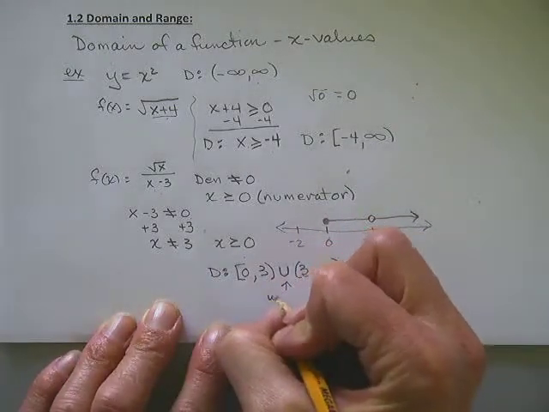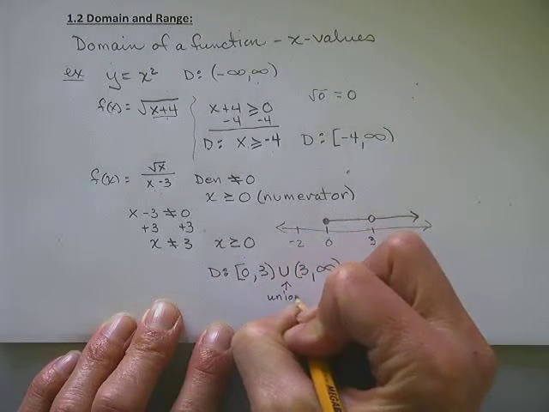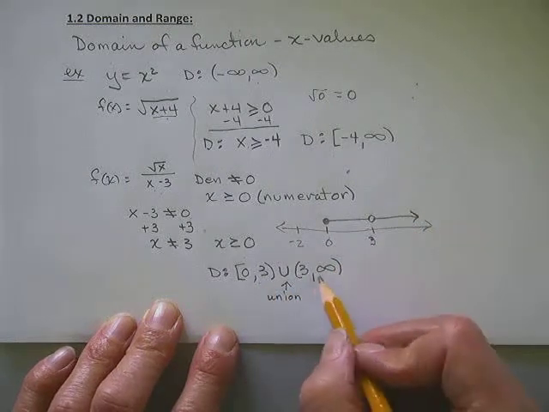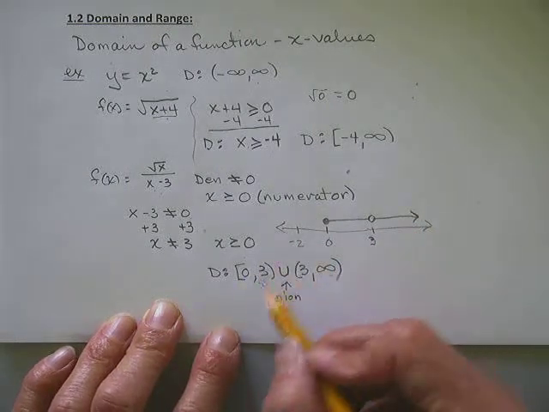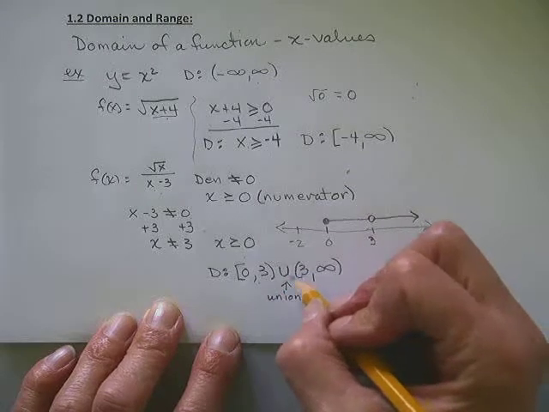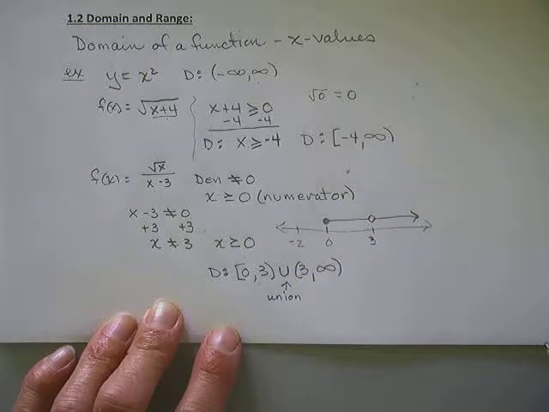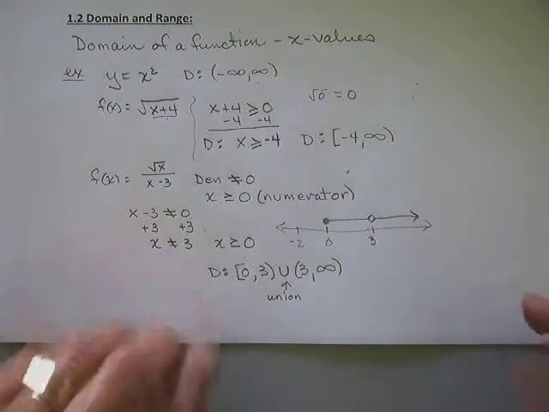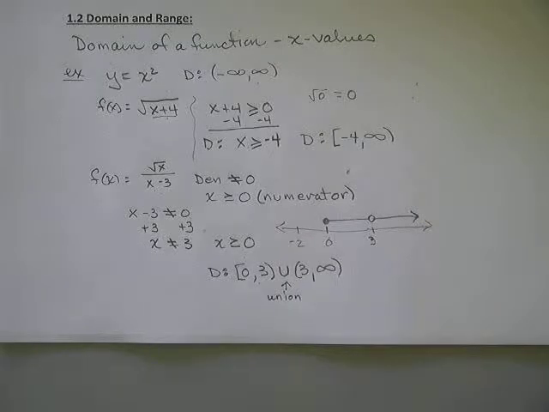Does that make sense? So it's saying everything from 0 to infinity except that one little spot right there, a hole. And this symbol technically means union. So this, union, that, together make it up. And the parentheses mean that you can get really close to 3 but not equal to it. Okay? Wait, don't move. I'll just leave it there for a second.